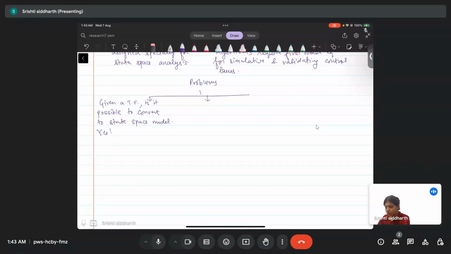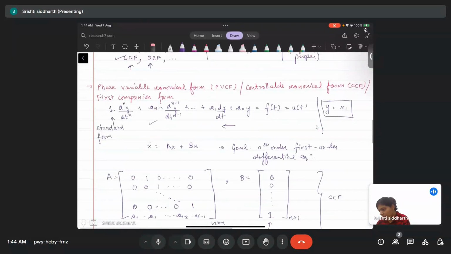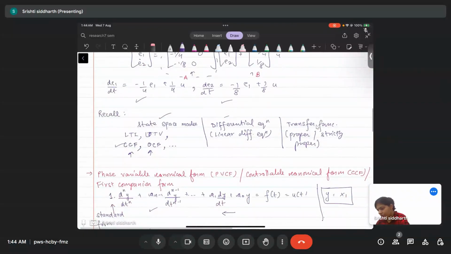Then, since we can convert them to a state space model, is this state space model unique? We have just defined that there are various ways to write a state variable form. There are CCF forms, OCF forms, and many more.